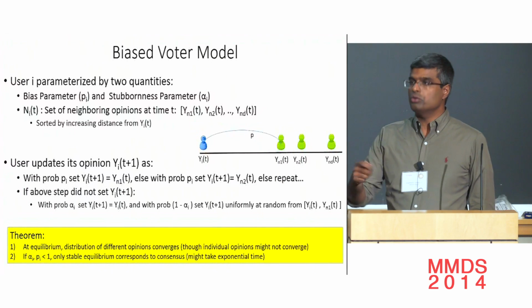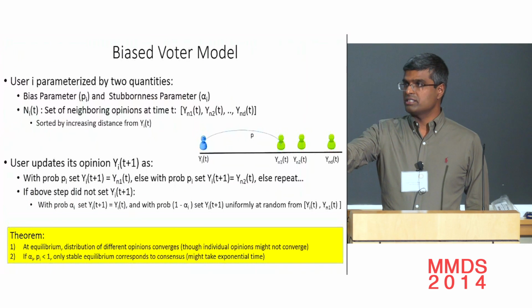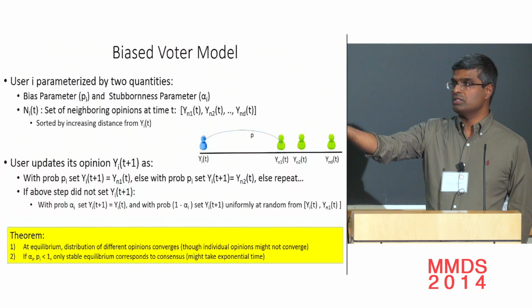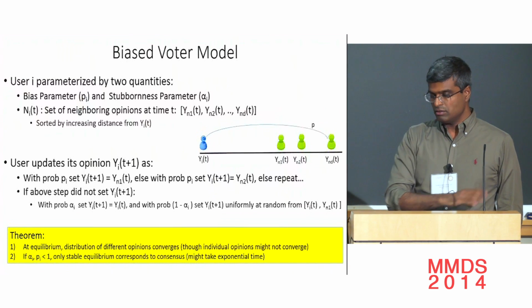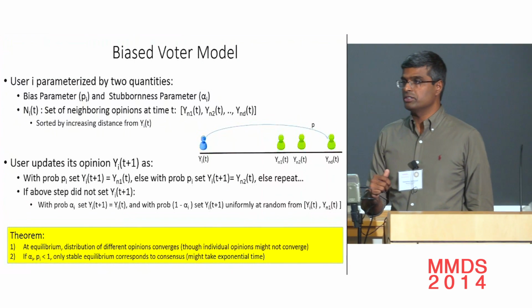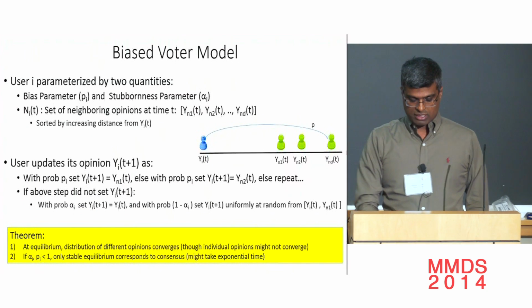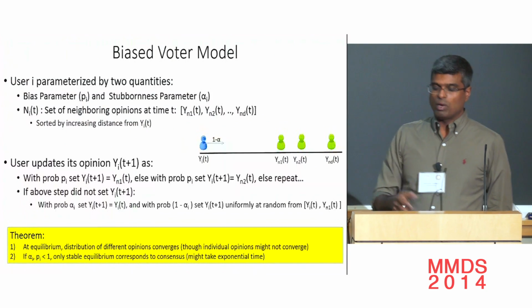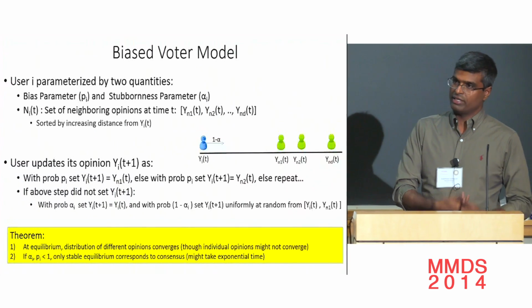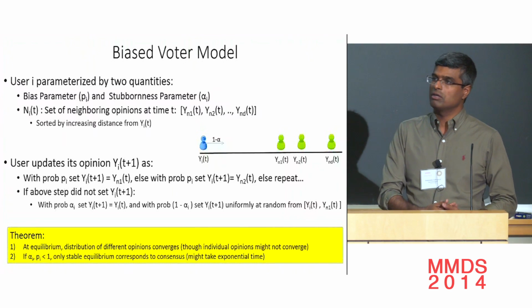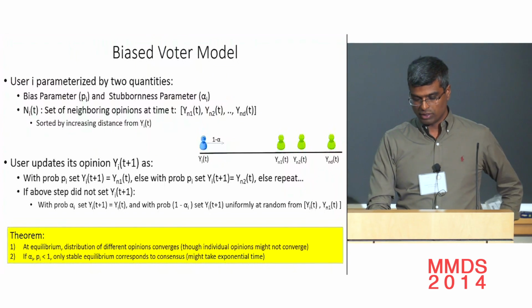With p, you go and look for an answer outside and pick the nearest neighbor's opinion, the value you see closest to yours. Then you keep trying this till you go through all the neighbors in your neighborhood. And if, at the end of this process, you didn't pick an answer, you go back to your classic Friedkin-Johnson: with alpha you pick your own answer, and with 1 minus alpha you pick an average between you and the nearest neighbor.